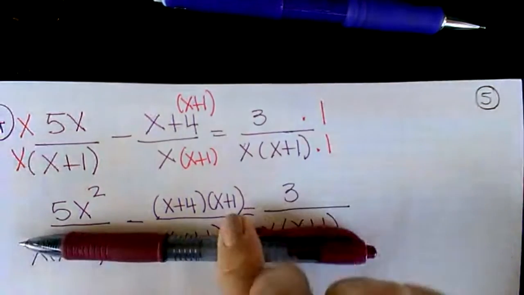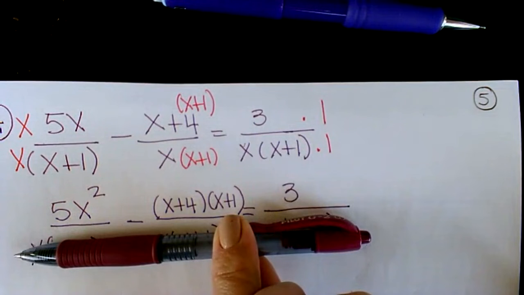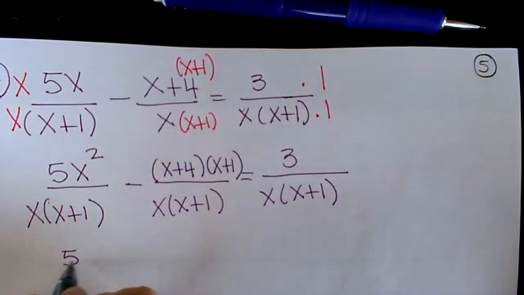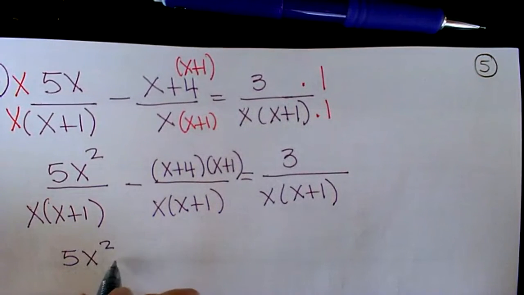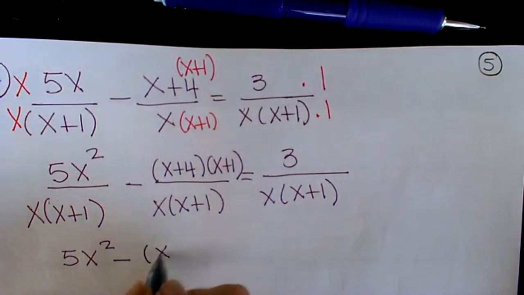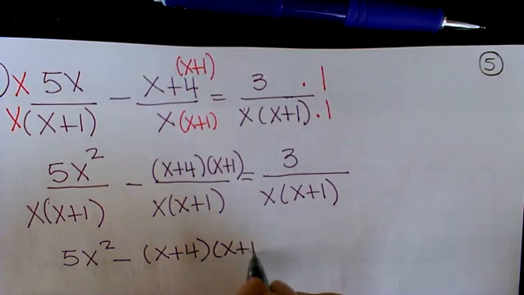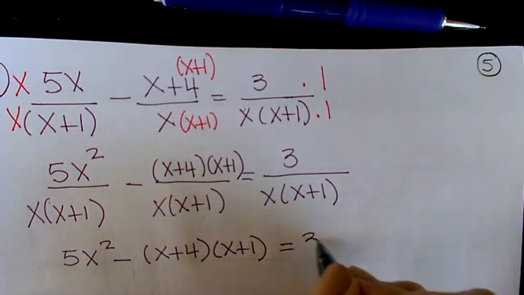So what do we do now? We get rid of this part, right? We don't need that part. So we're just going to use the 5x squared minus x plus 4 times x plus 1 equal to 3.